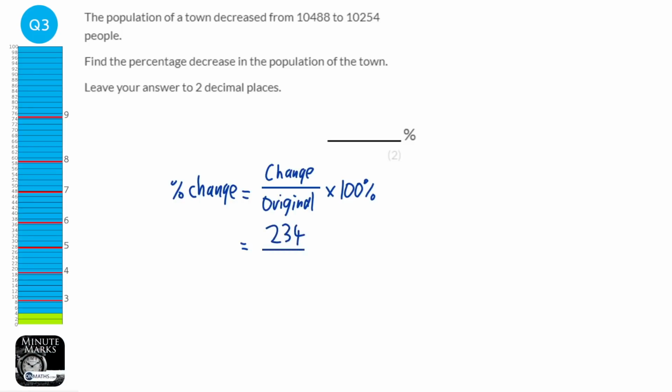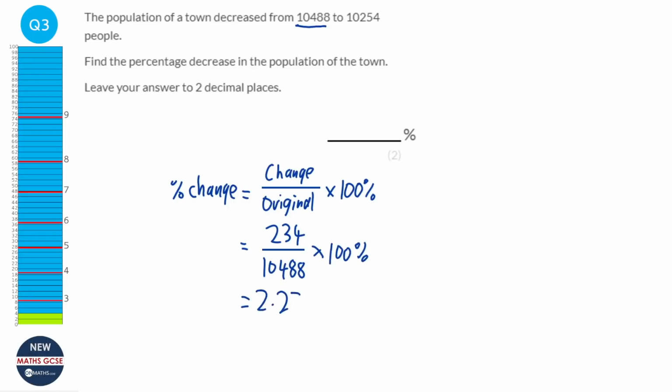Divide it by the original, so the original was 10,488 because it's decreased from that amount, and then times by 100%. And so that's going to be 2.23%.